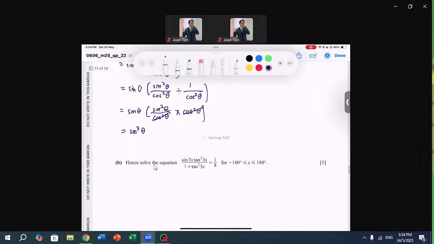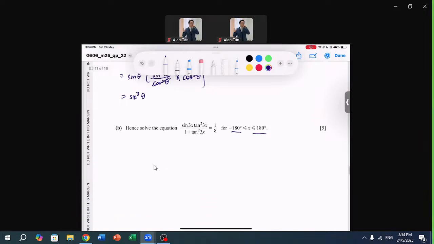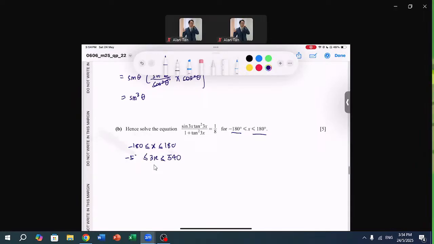For range negative 180 to 180. Again, negative 180 to 180, right? But it's 3x. 3x is going to be 540 to negative 540. So the range is 540 plus 540, that's about 1080.